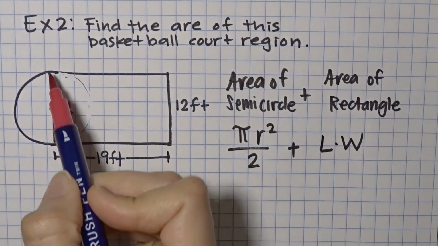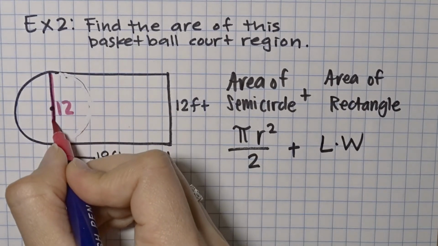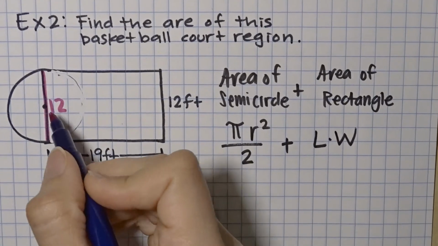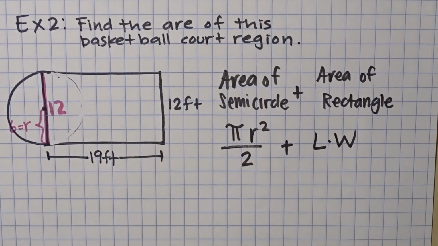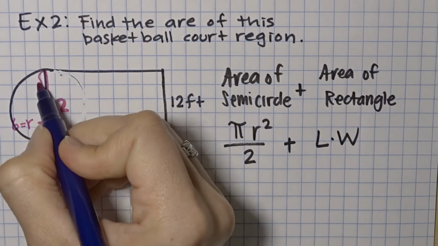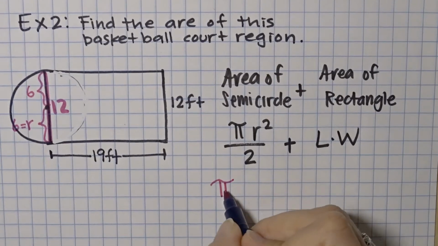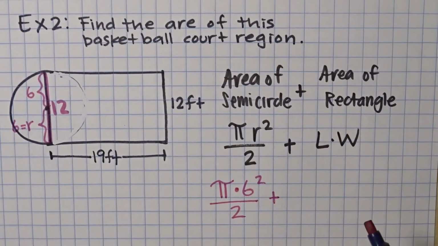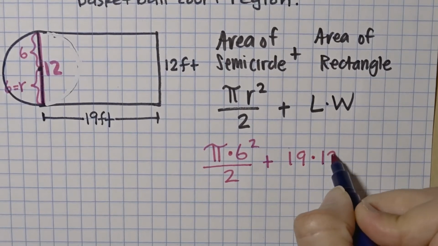Not only is that the height of the rectangle, it's also the radius of the circle. So this whole thing is 12. So I'm also going to assume that if that diameter is 12, then my radius equals 6. Okay? So the radius is 6 on each side. And so I'm going to go ahead and plug that in now. So pi times 6 squared over 2 plus my length, which is 19, times my width, which is 12.